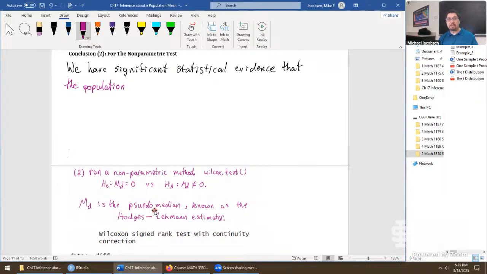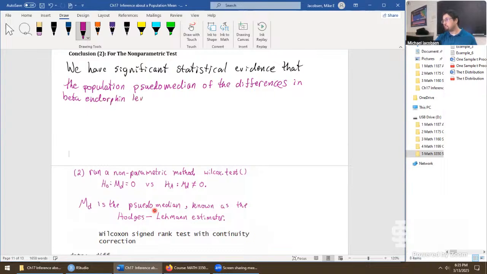But if I'm being honest about the complexity of what we did here, I would have to say the population pseudo median of the differences in beta endorphin levels, and let's just remind us that this is 12 hours minus 10 minutes before surgery.